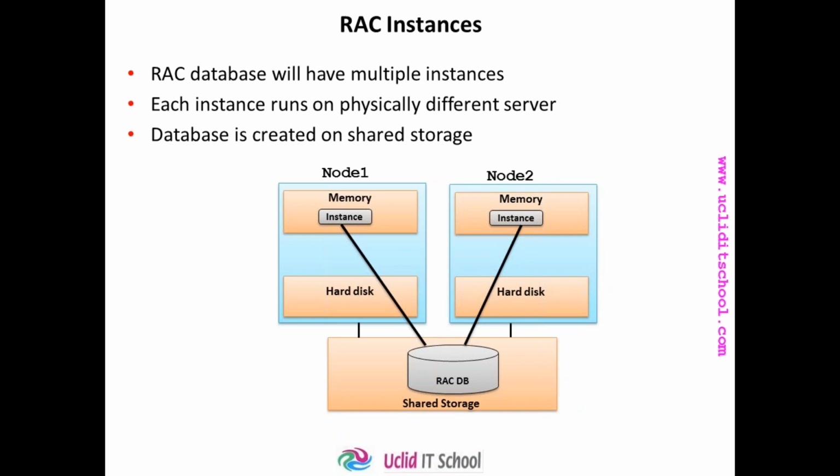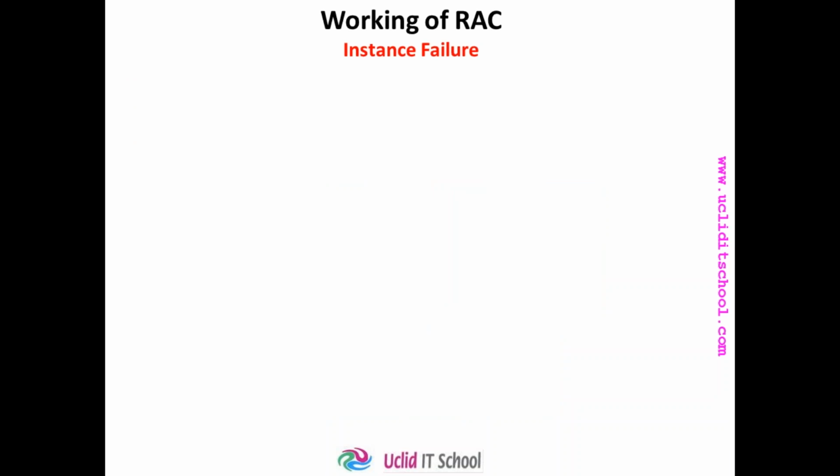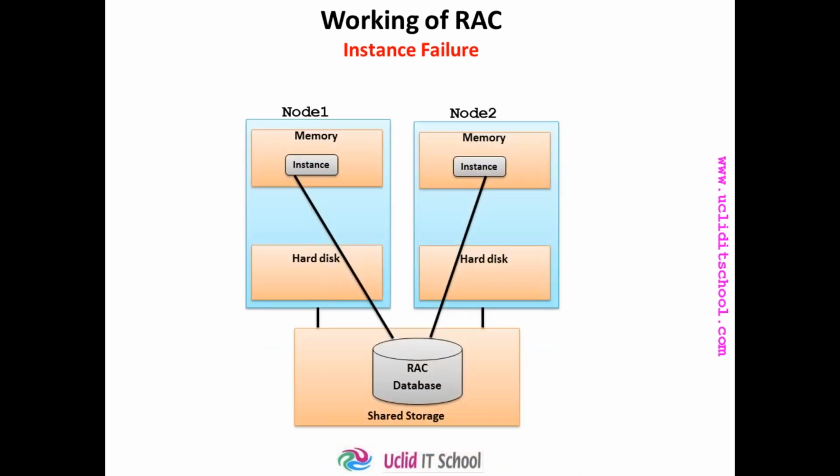Now, let us see how this architecture provides you high availability and scalability. Now, instance failure. Let us see how RAC handles instance failure. Again, we have the cluster with the shared storage, database created on the shared storage, having two instances running on two different nodes in the cluster.